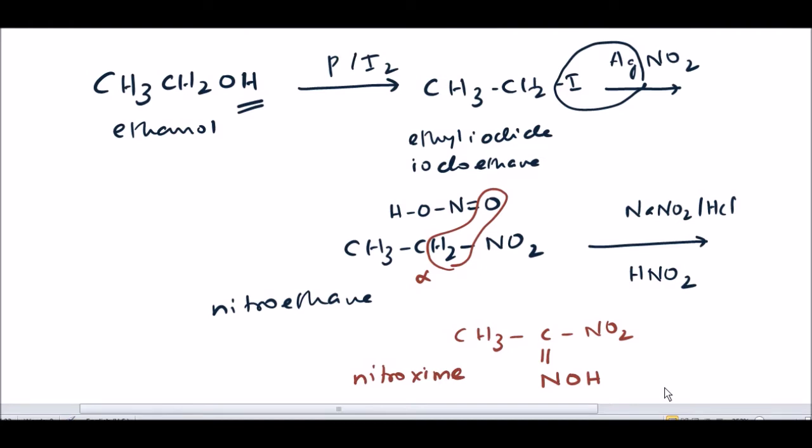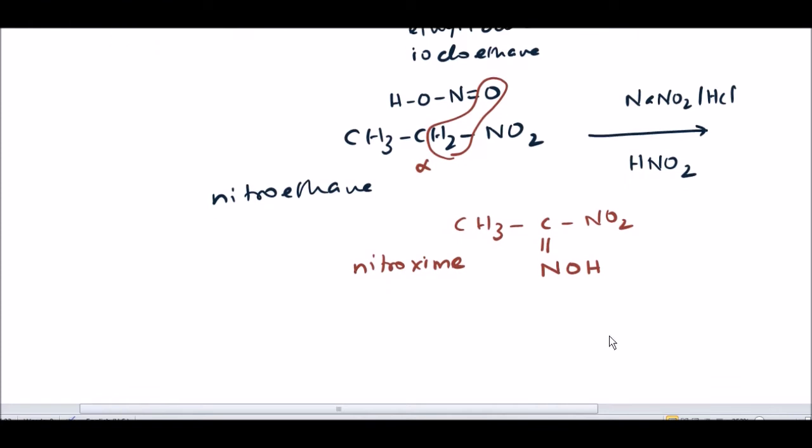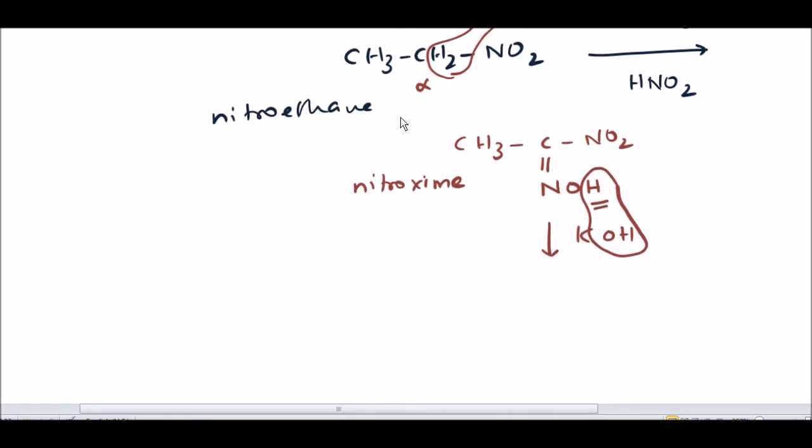It becomes oxime, nitroxime. Thus made nitroxime should be treated with potassium hydroxide, successively on treatment with alkaline solution of KOH. This hydrogen is a replaceable hydrogen, acidic hydrogen, that will combine with the OH to form H2O. After the removal of H2O, we can have a final product as follows.